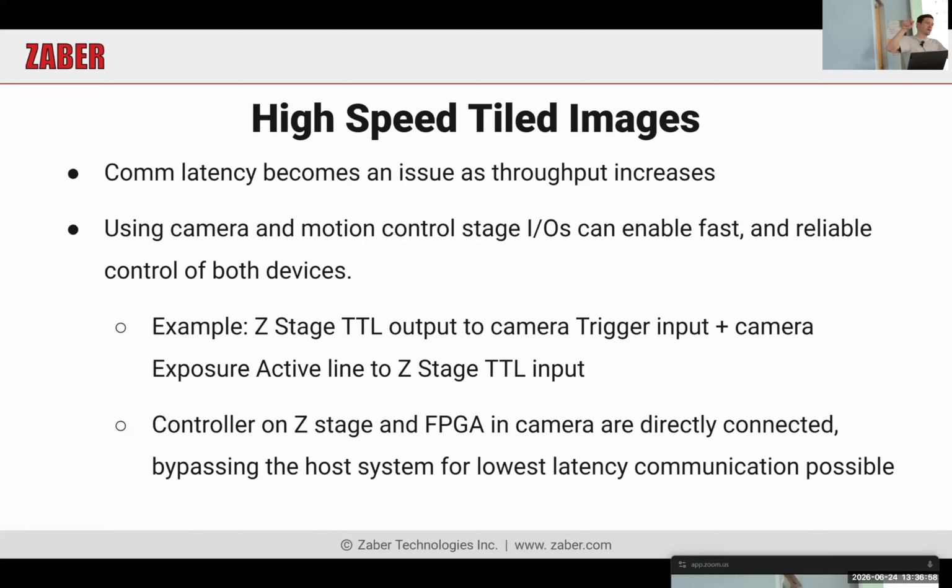Then I tie one of the I/O lines on the camera back to the stage, so as soon as the camera says it's done exposing, it triggers the focus stage to move to the next position. And so you can get a really fast, low latency stack there. If you're really looking to push throughput, triggering is the way to go.